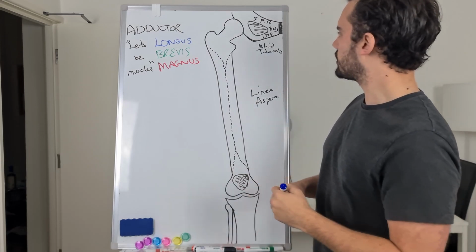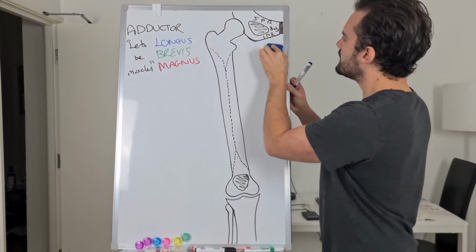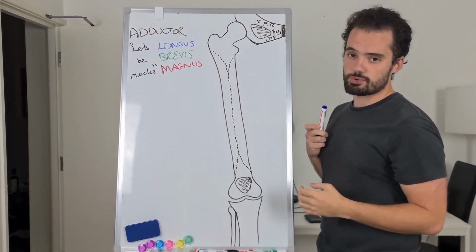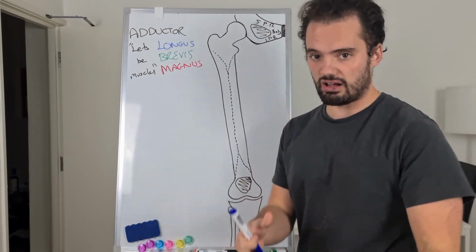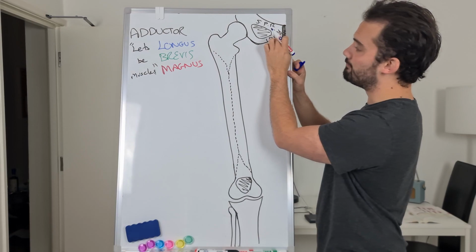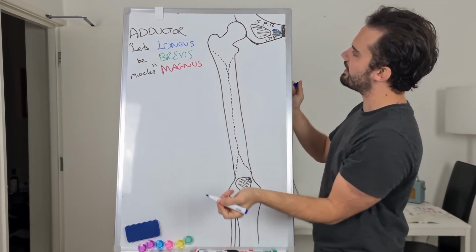Okay, starting with adductor longus. So let me just get rid of some of these labels because we've seen them. As we said, starting from the ischiopubic complex, in particular, we're mostly coming off the body of the pubis for adductor longus. We're starting roundabout here.